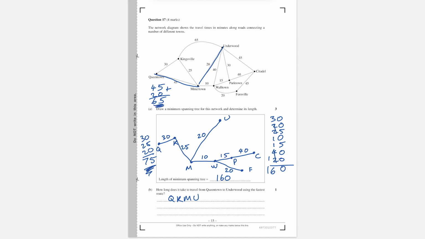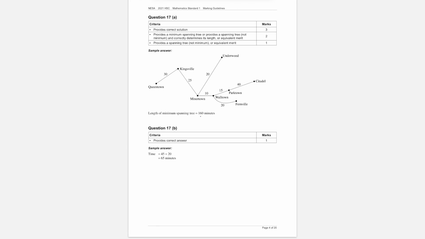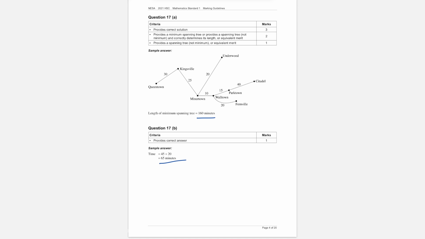So therefore, this initial answer was incorrect. We want to say that the shortest route is QMU, and it takes 65 minutes. Let's check our answers. Yep, we got 160 and 65. And that's it. Thank you so much.